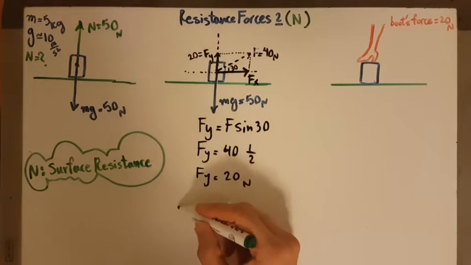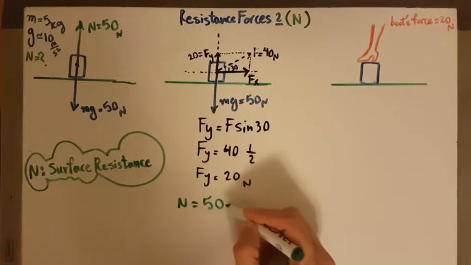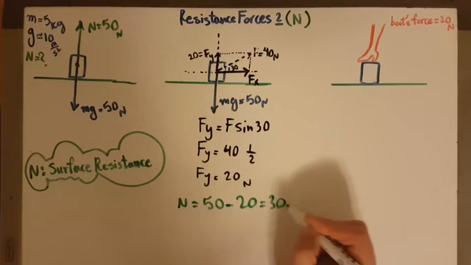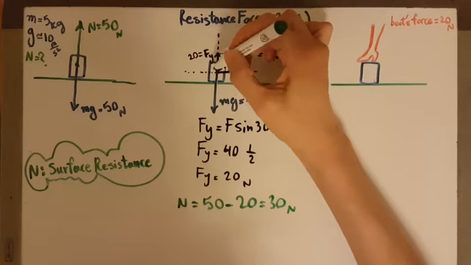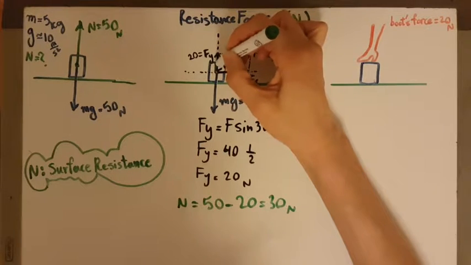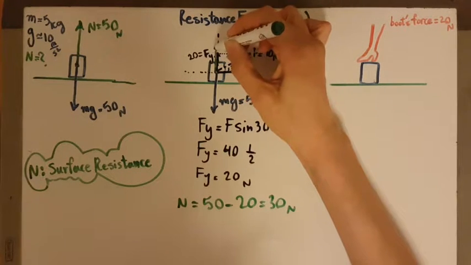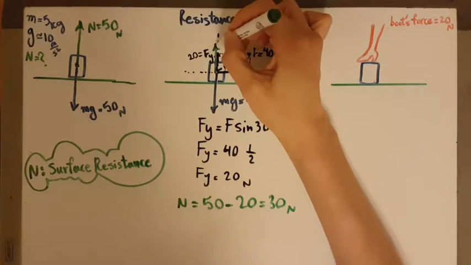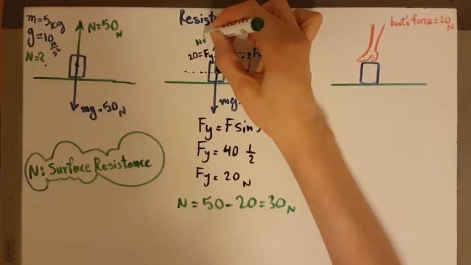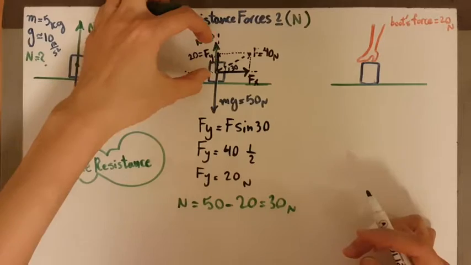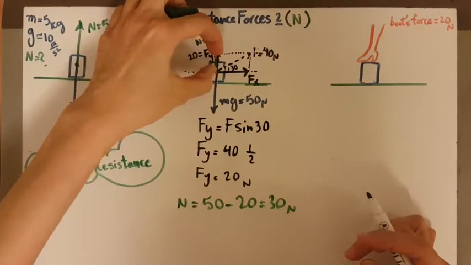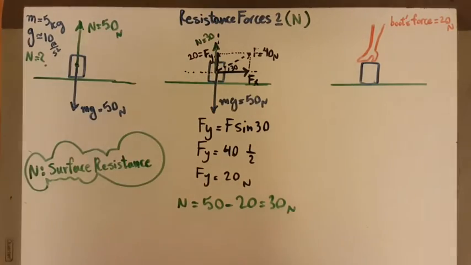So I know that the N would be 50 minus 20, which is 30 newtons. And I draw it from the center of gravity. It is 30 newtons. So the N is 30 newtons. The addition of these two vectors should be equal to this length.